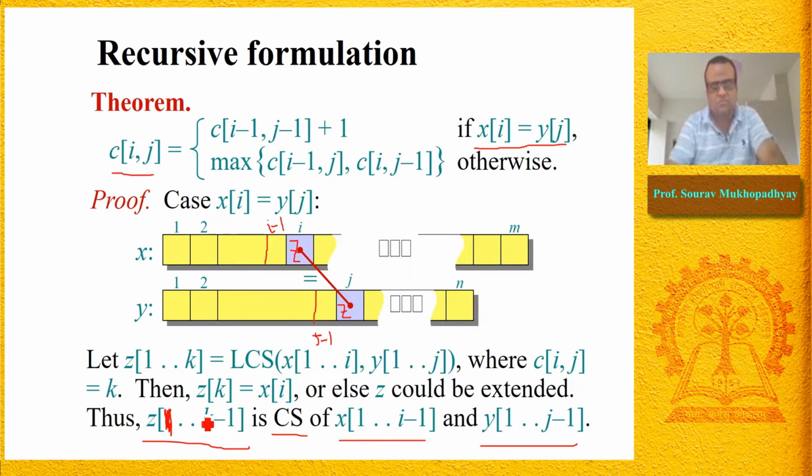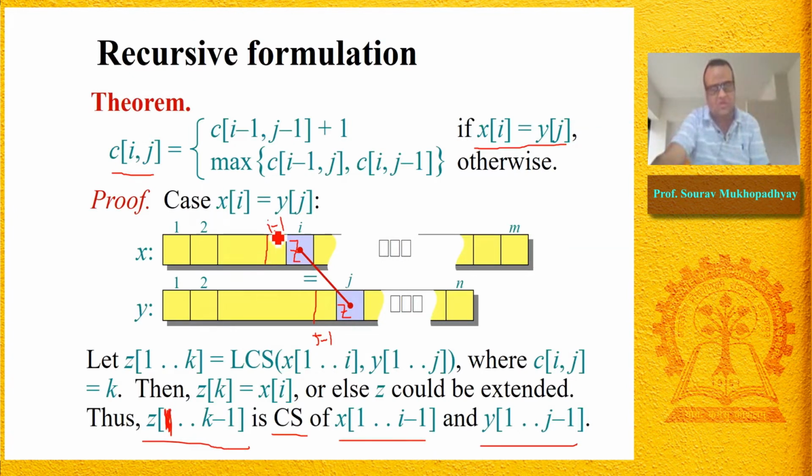So if we assume this is not a longest common subsequence, this is a common subsequence, that means we should have a common subsequence of length more than this. This is of length k minus 1, so we should have a subsequence whose length is k.